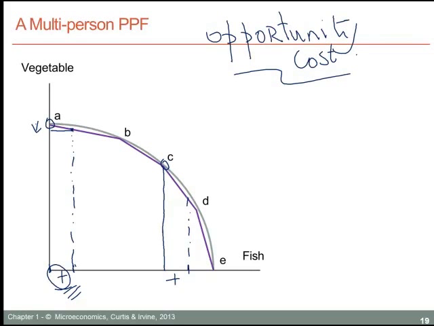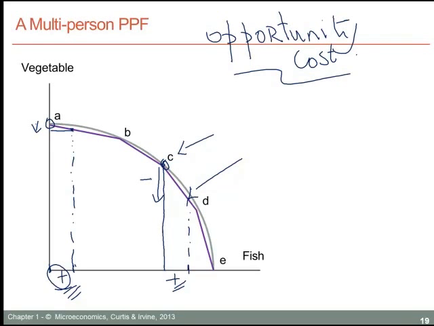Well, since we are starting at the point C here, and we want to produce this increment in the amount of fish in the economy, how much vegetable do we have to give up? Well, we're going to go from point C to this point here on the production possibility frontier, and consequently we will be required to give up that amount of vegetable.